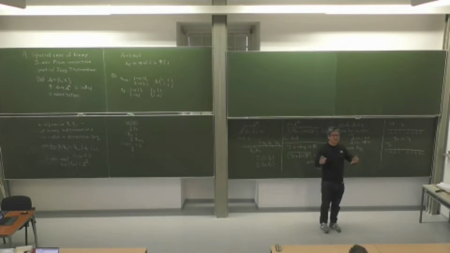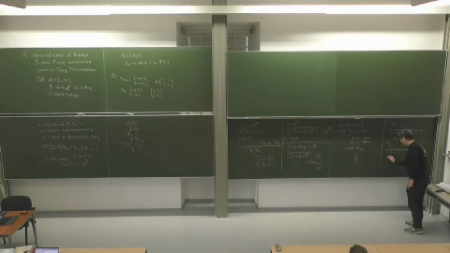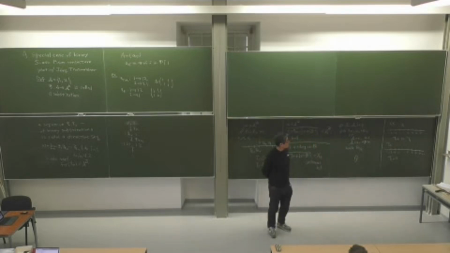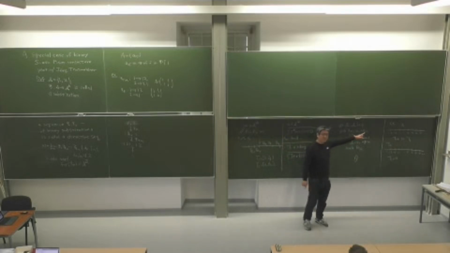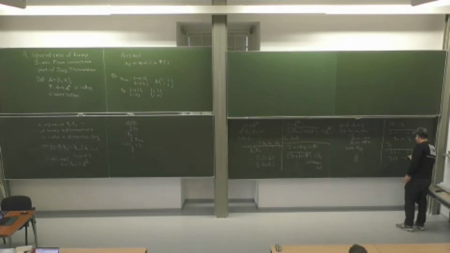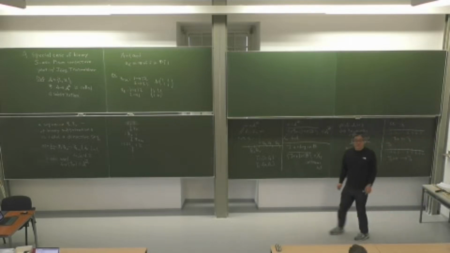But if we translate T2 by n for large n, then around the origin, T2 plus n is the same as T1, if n is large. So T2 plus n goes to T1, something like this.